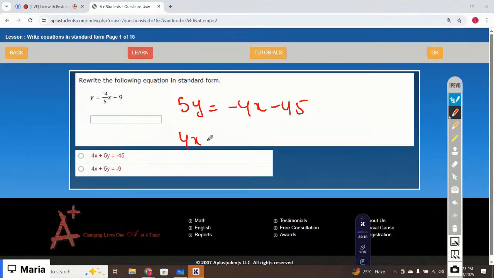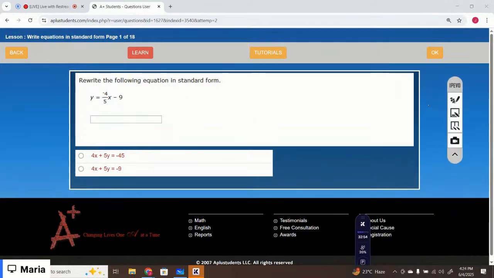So that is 4x plus 5y equals negative 45. Option number one is the correct option.